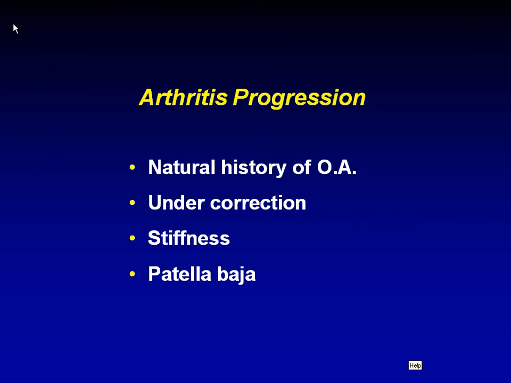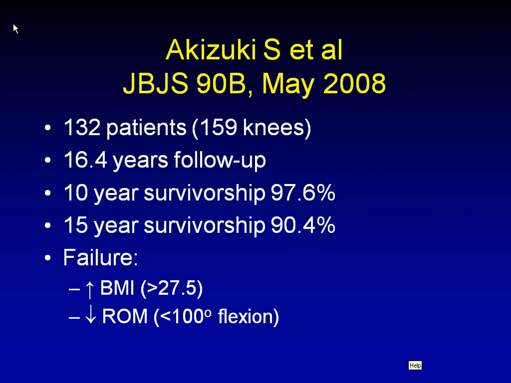Arthritis progression is the natural history of osteoarthritis, but it's made worse by undercorrection, by residual knee stiffness, and by patella baja. If we look at this series of papers from the British Journal, this series of patients had 132 patients with a 16-year follow-up.